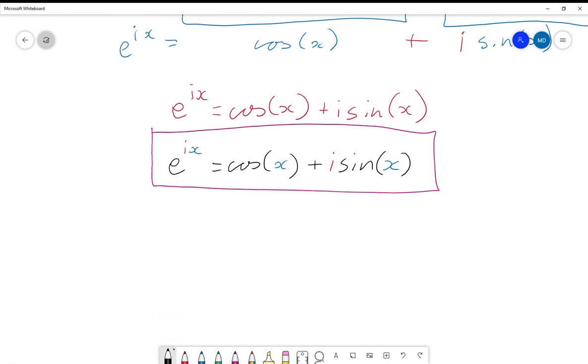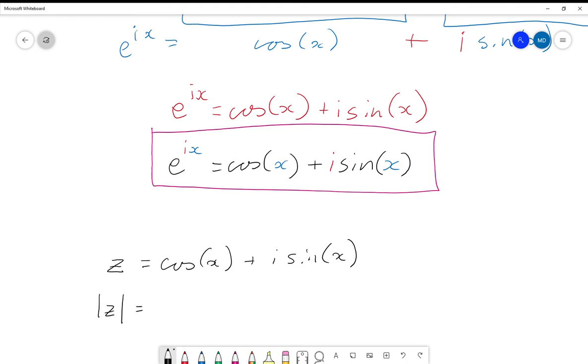First of all, if this is a complex number, what's the size of it? What's the modulus of it?